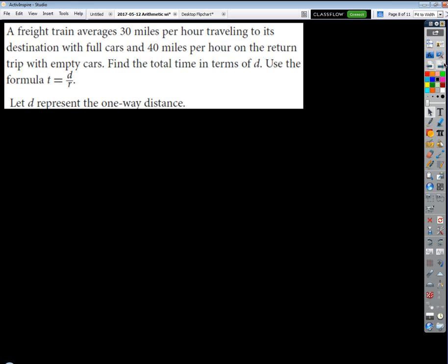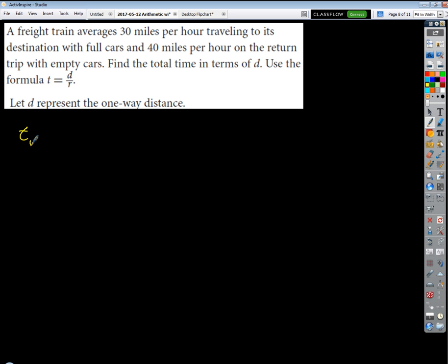Any ideas? So the total time is just going to be the time going one way plus the time coming back the other way, right? R is just the rate. So the rates are 30 and 40, right? So what do you think? Any ideas? What's going to be the time going with the full cars to the destination? D over 30. Okay, good.